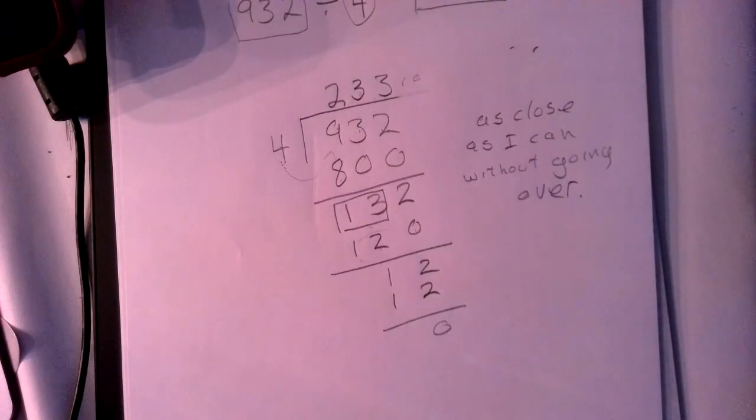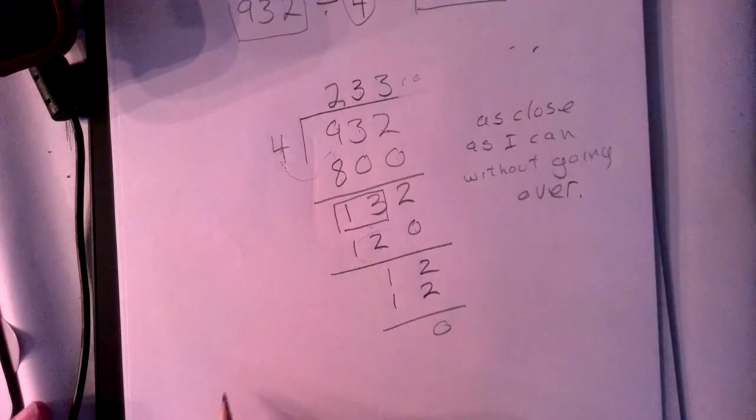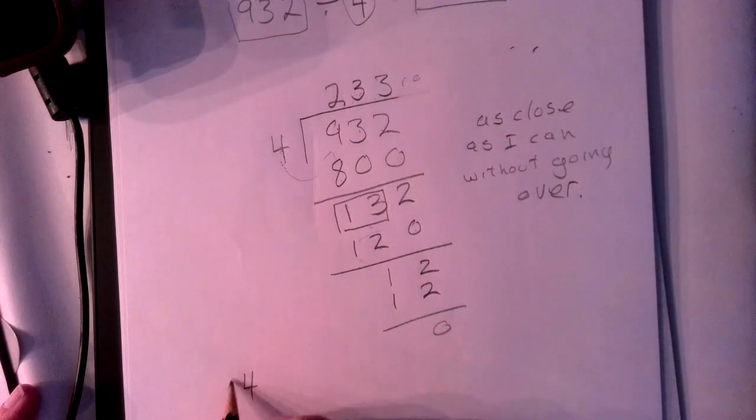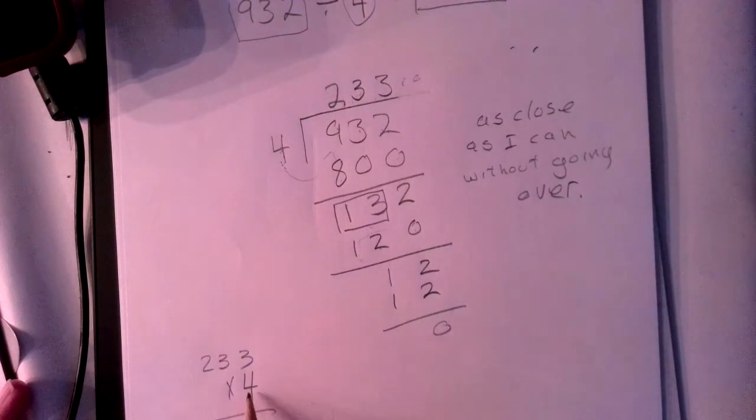So that's interesting. One of the ways to check, the only real way I know how to check one of these things, is by doing this. You take this number, your answer, and multiply it by this number. Let's see if it works. 4 times 233. 4 times 3 is 12. I put down the 2.